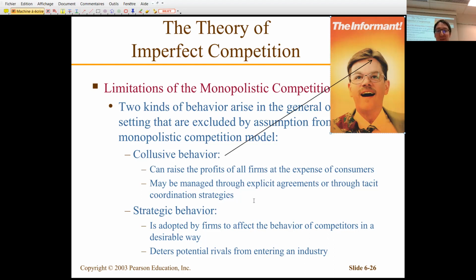So one example in Quebec. There are many that have been found guilty. Or yeah, Canada, I would say. So the white bread cartel. That was between Loblaws.